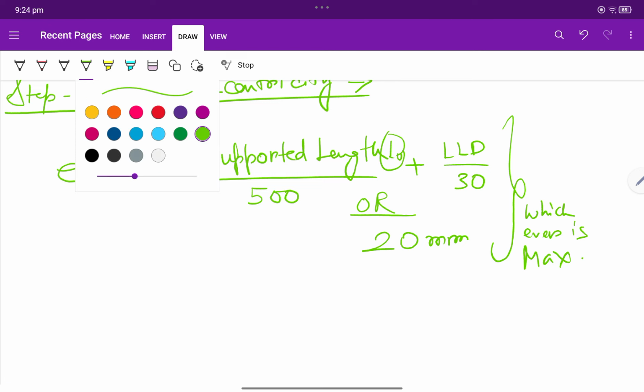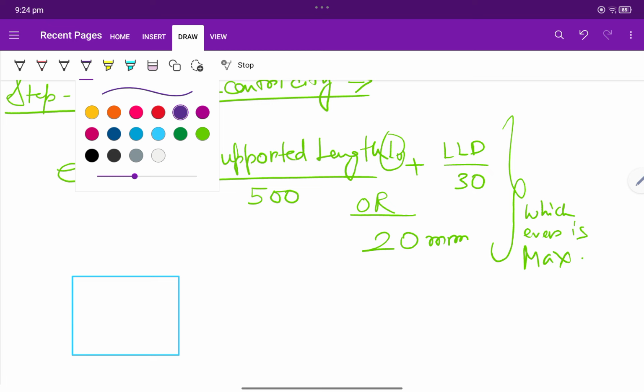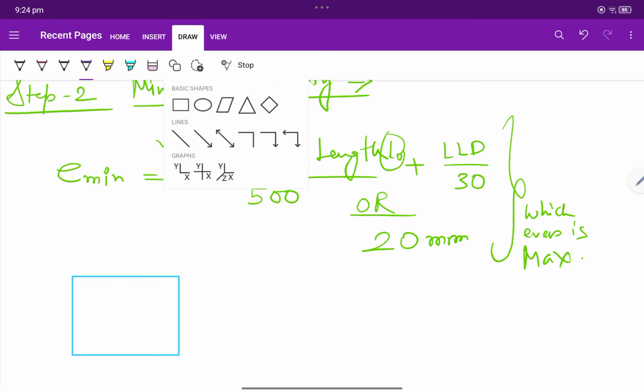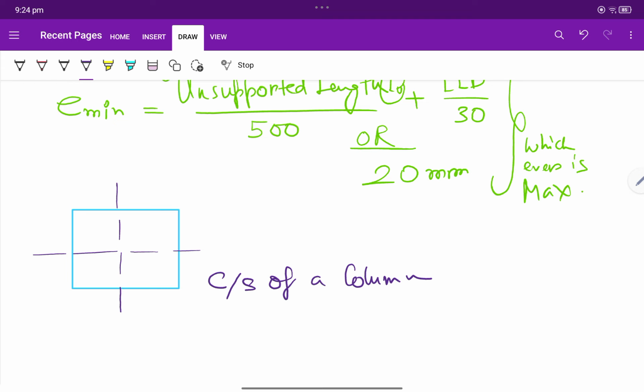Here, let's draw a column. This is the cross section of a column. This is the x direction and this is the y direction.